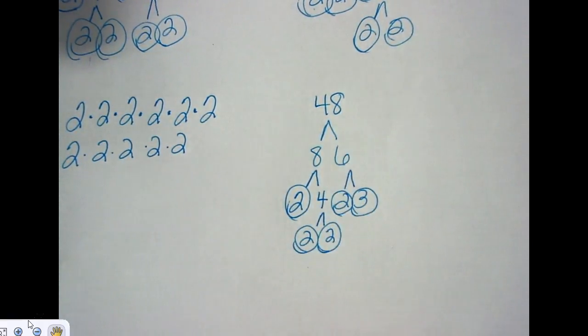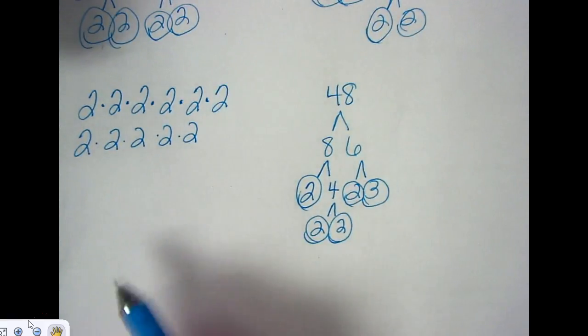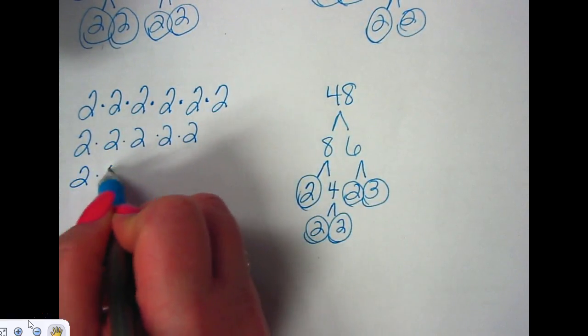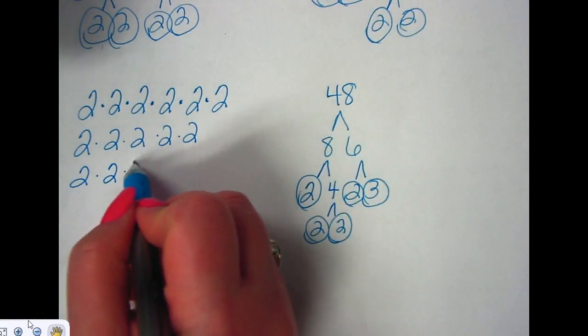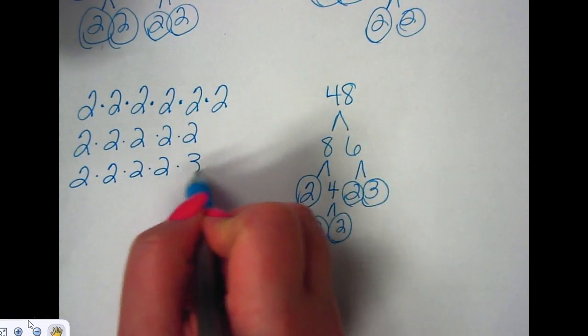So now list the prime factorization in order from least to greatest: 2 times 2 times 2 times 2 times 3.